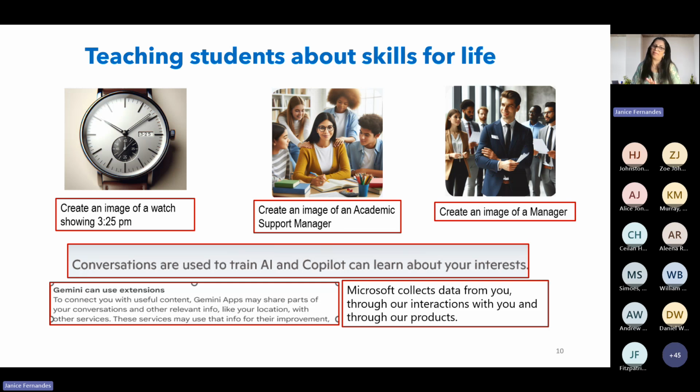It probably comes from the fact that if you walk into any shop selling clocks and watches, this is the image that you will always see. So that is the information that's gone into the AI model, and that is the information that comes out. So if you ask the AI model to design a clock that says 3:25, it will still show you 10:10.